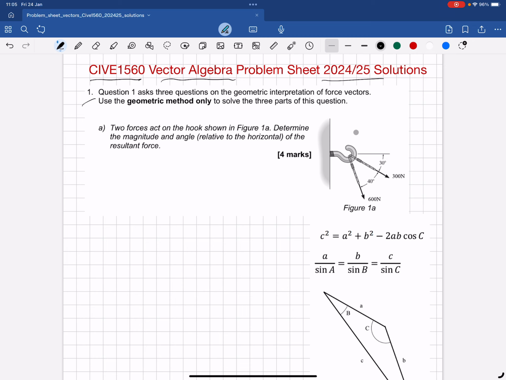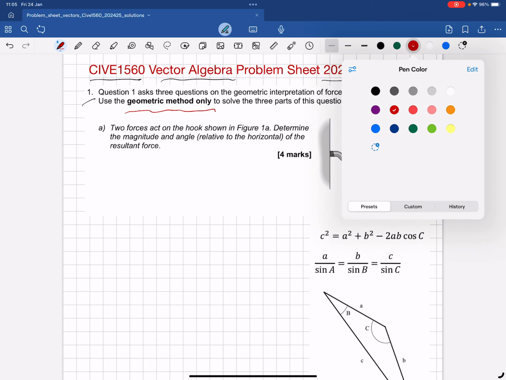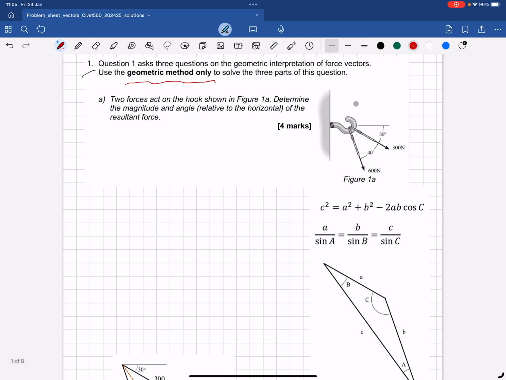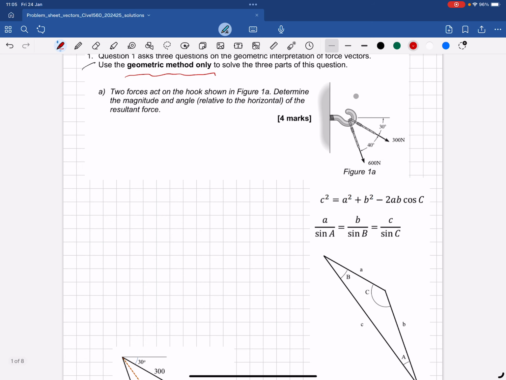First question is about using the geometric method to solve some vectors. Now, what this means in the geometric method is to essentially draw the vector force diagram and solve this using the cosine rule and the sine rule, or either of those.